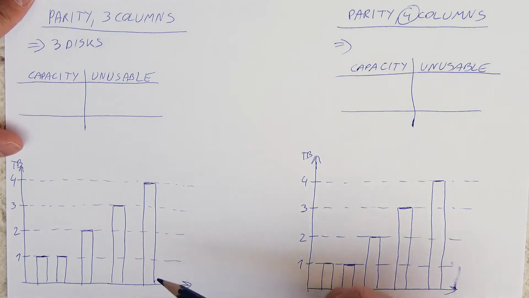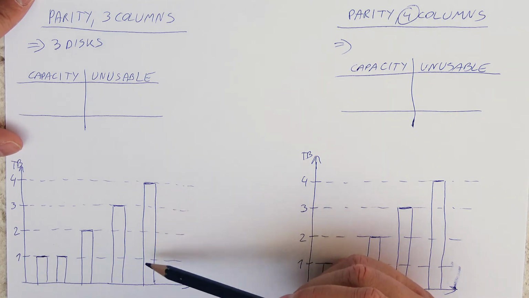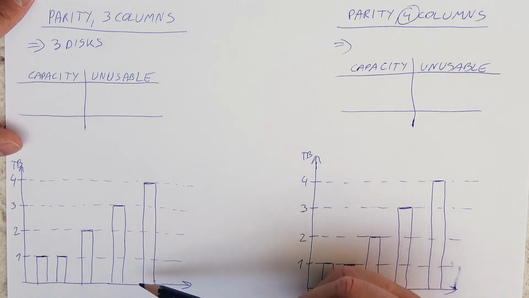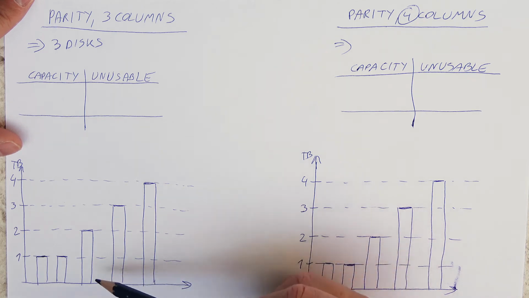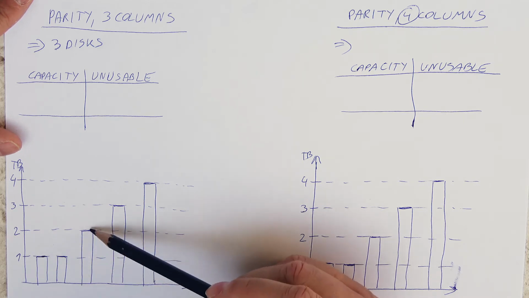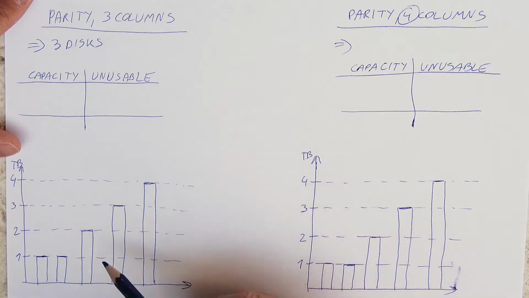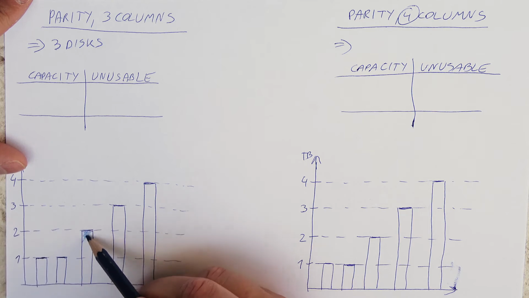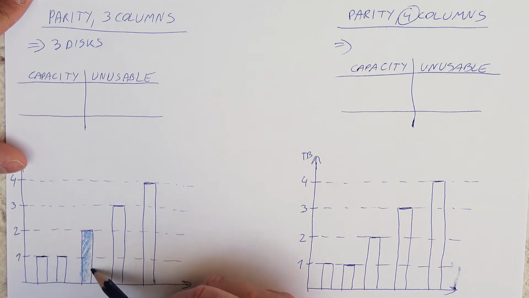So we start from the biggest free space, which is this one, descending. So 1, 2, 3. Third disk is this one. It's 2 terabytes. It has 2 terabytes of free space. So our allocation per disk will be 2 terabytes. And we will allocate 3 disks at once.